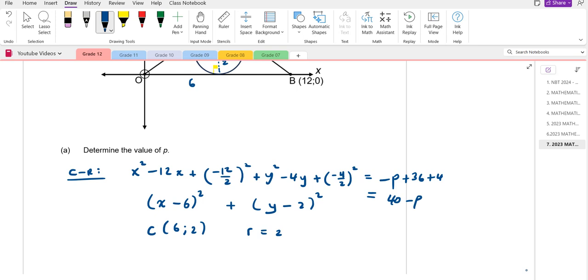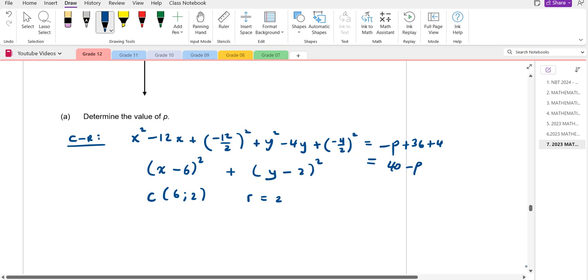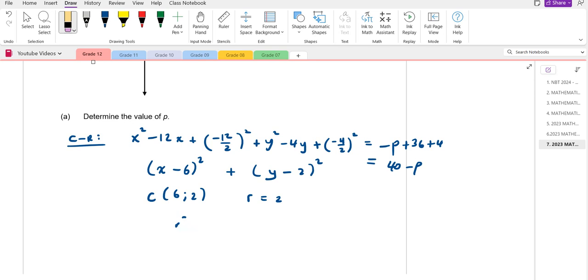Now if the radius is 2, remember this is r squared, so the radius is the square root of 40 minus p. The radius is 2 from the diagram, because of the way the diagram is constructed, on the x-axis I brought down a line.